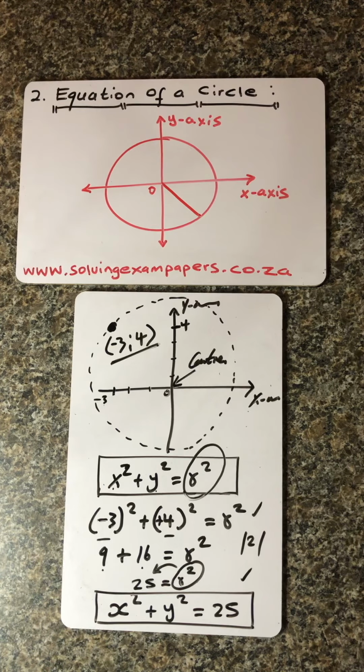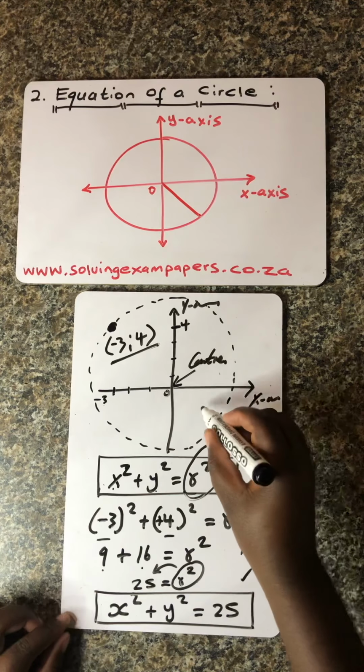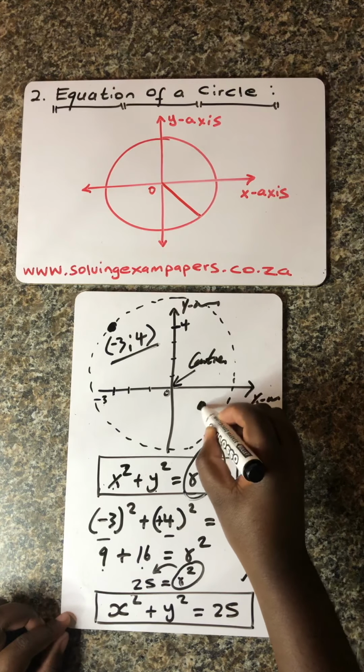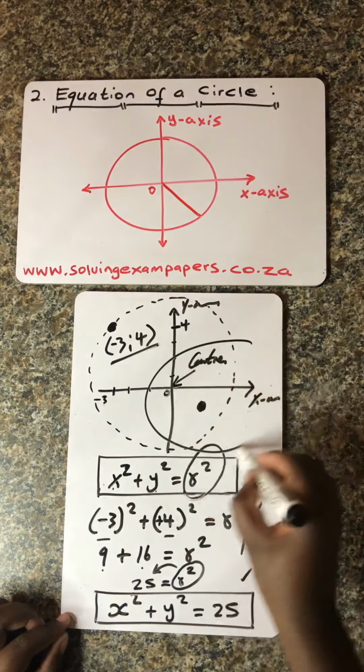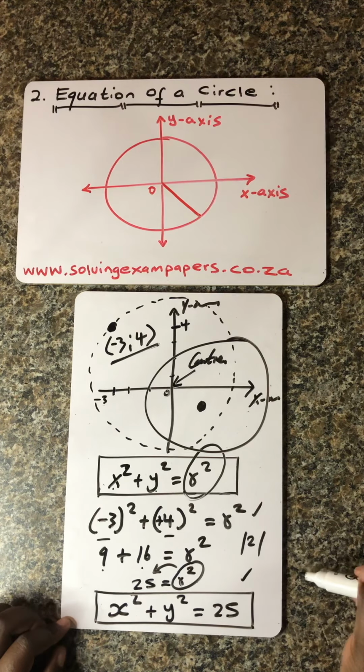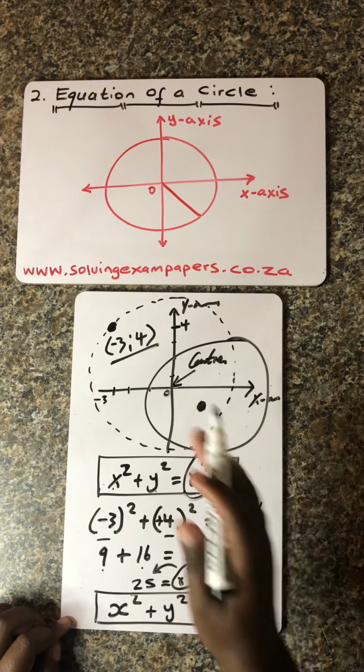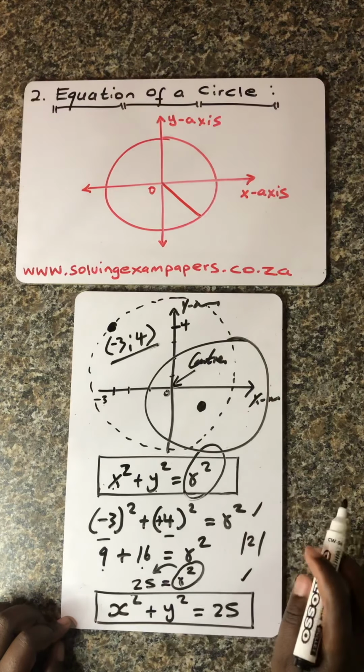So ladies and gentlemen, when we tackle exam related type of questions, that's when I'm going to teach you some more, in case we've got a circle where the center is somewhere there. It might be something similar to that. Nothing complicated, it's just a shift of the center.